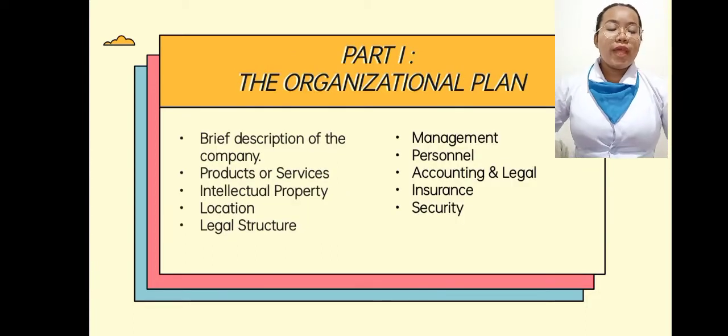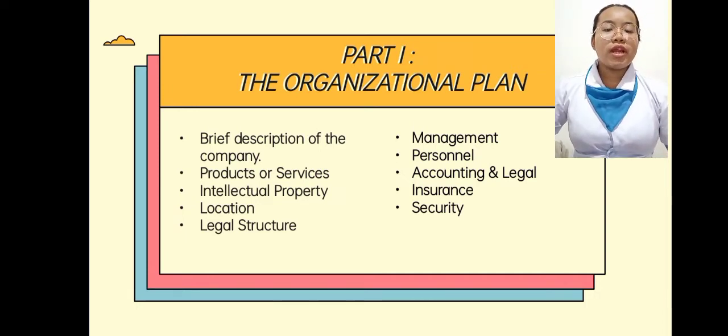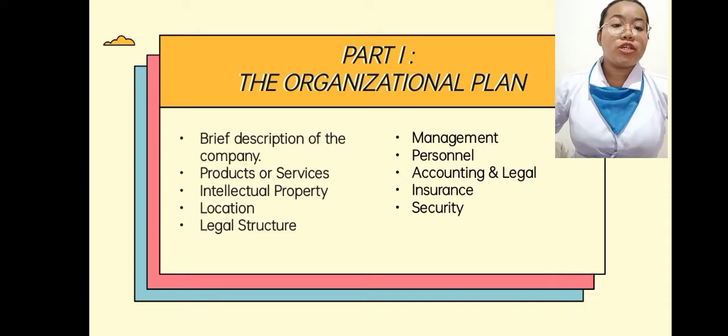Now we have the organizational plan. Based on my research, there are two major sections of a company profile: the organization and management, and the products or services.